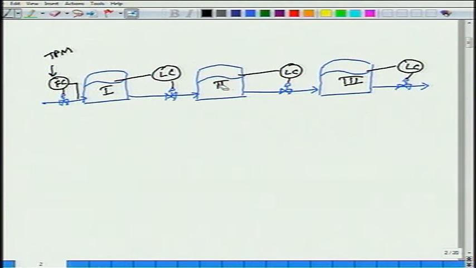Well, let's see. Okay, let's say the bottleneck unit. This is called the bottleneck unit. As you are trying to jack up your production, unit 3 cannot handle any more feed. Probably because in unit 3 some column became flooded, or some valve became fully open, or some condenser cooling water cannot be put anymore.